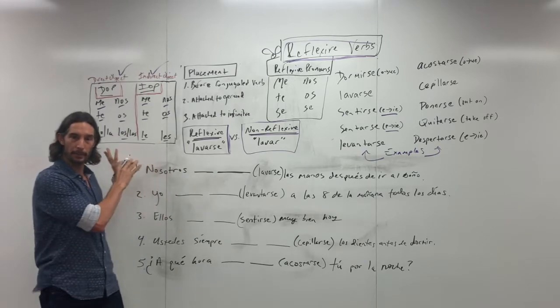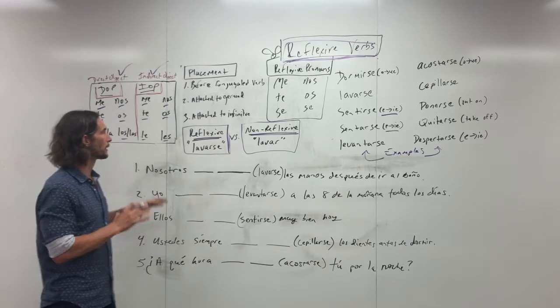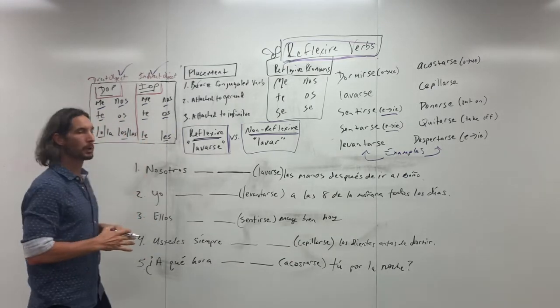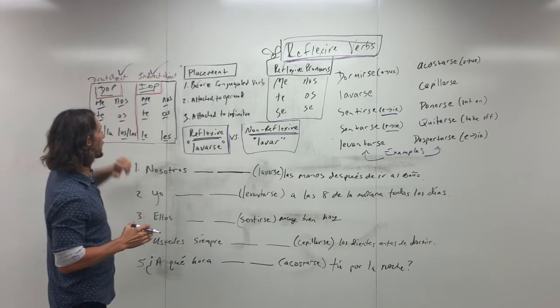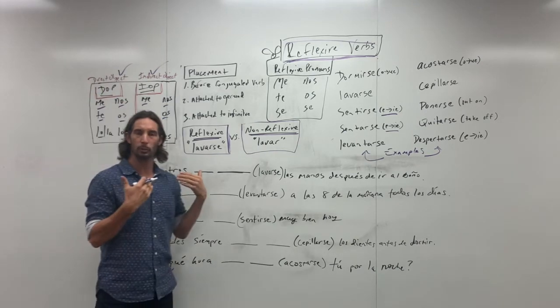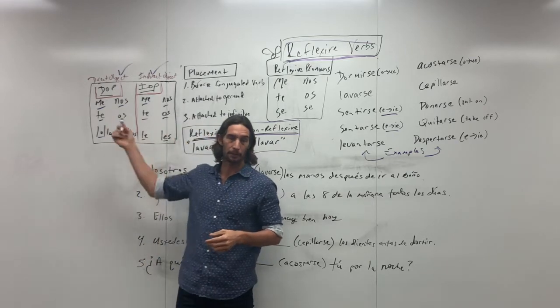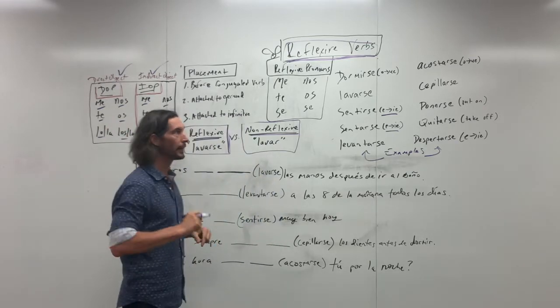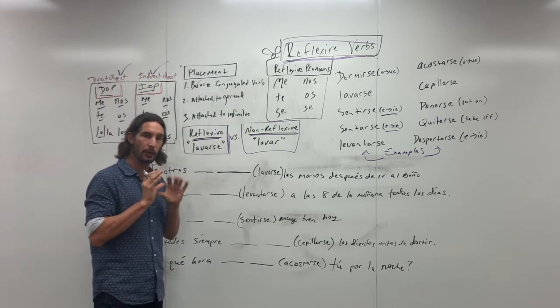I just put it up there so that you could see all of the pronouns together, as one big happy family. We have the direct object pronouns, the indirect object pronouns. Of course, we've done double object pronouns, which puts these two together. And now we're looking at reflexive pronouns.